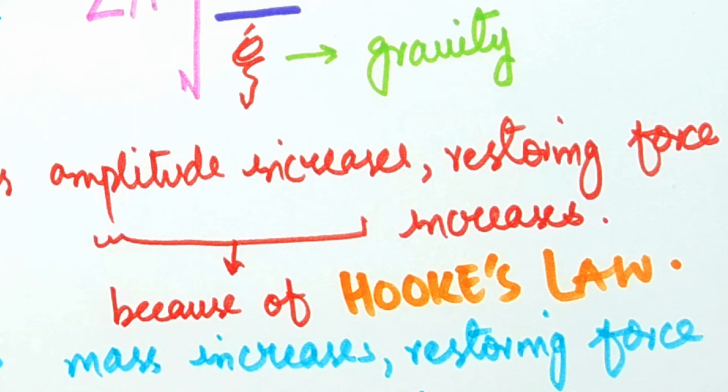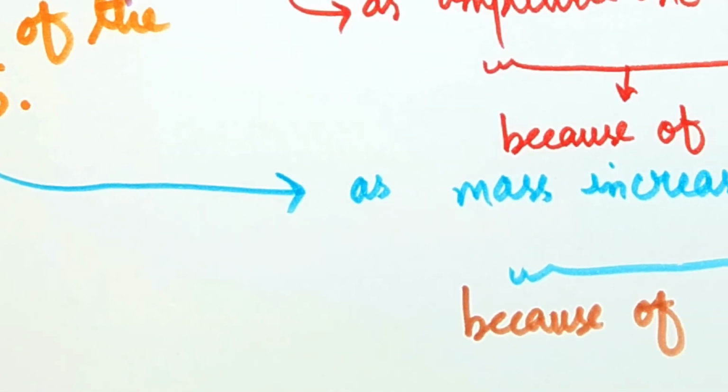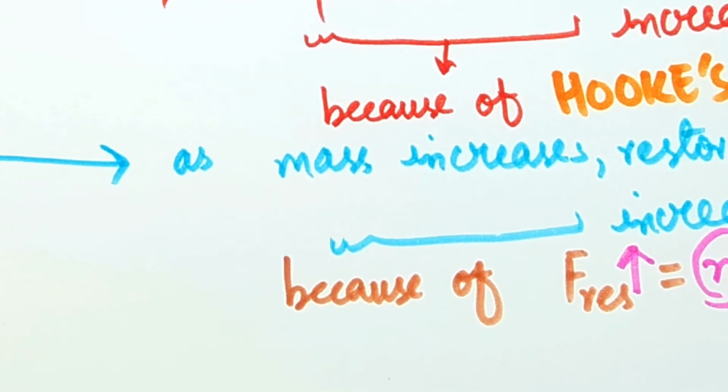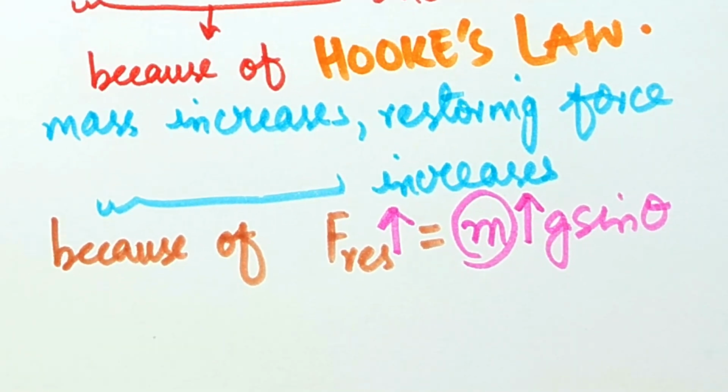Same is the case with the mass of the bob. If the mass of the bob increases, the component mg sin theta also increases, making the restoring force greater. Thus, due to the increase in restoring force and velocity, it will take the same amount of time for the pendulum to oscillate.